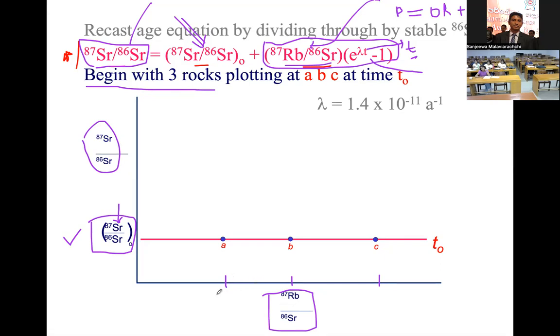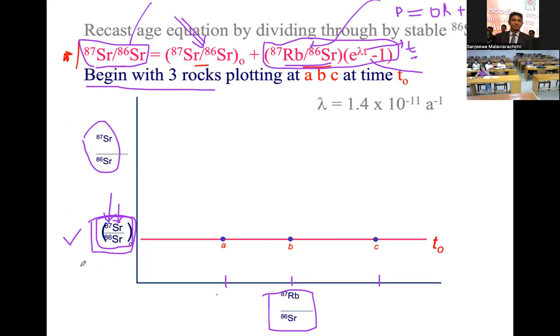Therefore, you will have different amounts of rubidium in your rock. But you understand the initial strontium ratio should be constant for the given rock, because this is the daughter product that we are not considering as a radiogenic decay product.